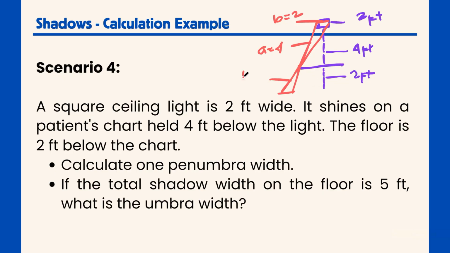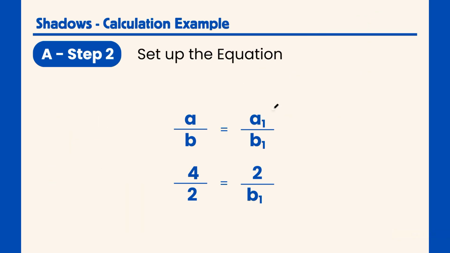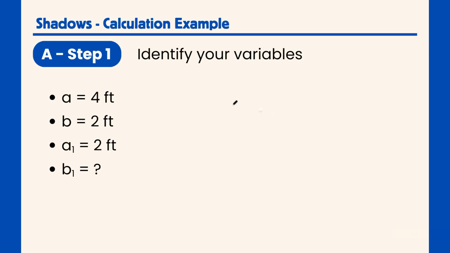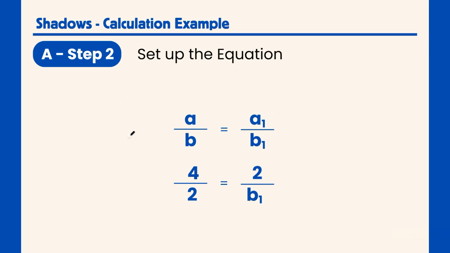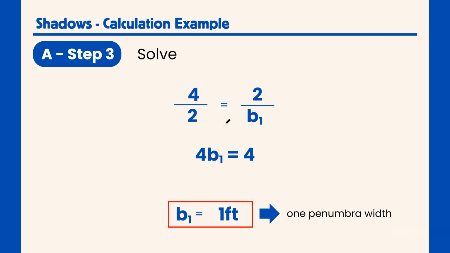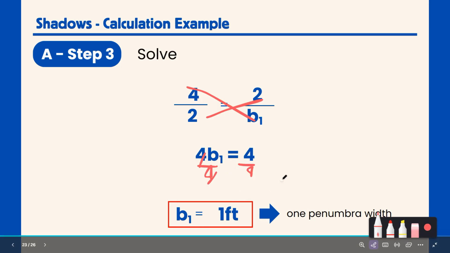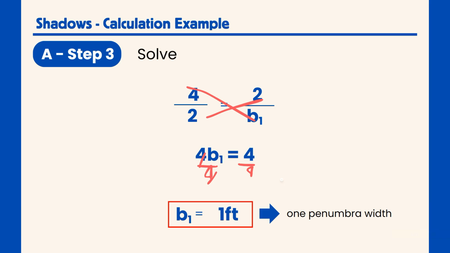That is our altitude 1. And what we are looking for is B1, question mark. So we have identified our variables now. Then we can set up the equation. Simply substitute the values. And then we can solve now. Cross multiply for B1. Divide both sides by 4. That would give us 4 over 4, which is equal to 1 foot. That is our 1 penumbra width.